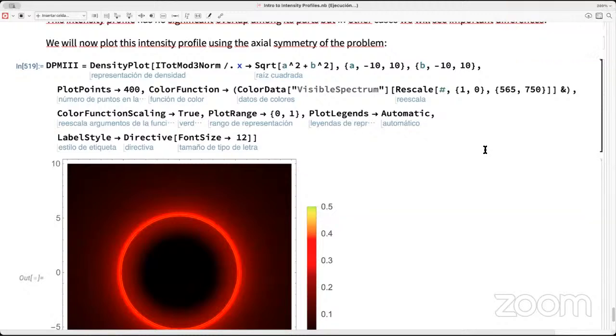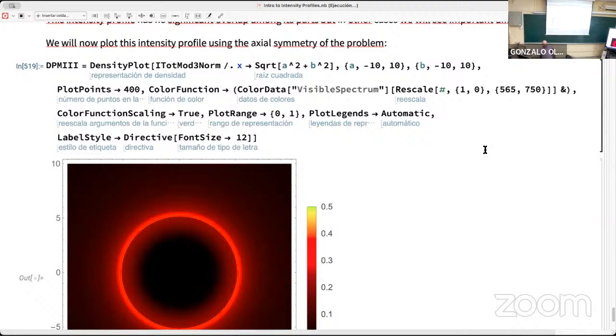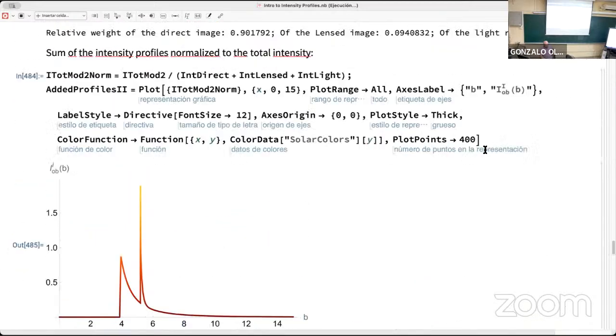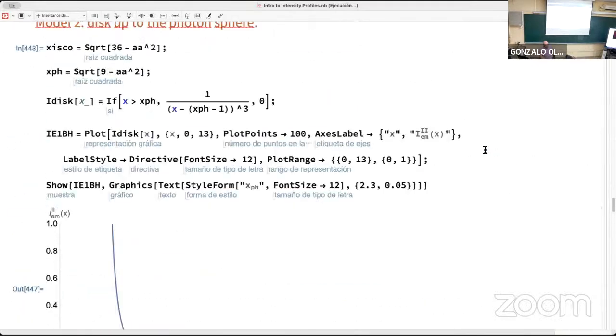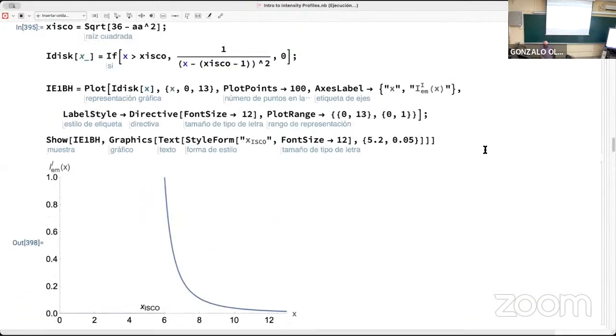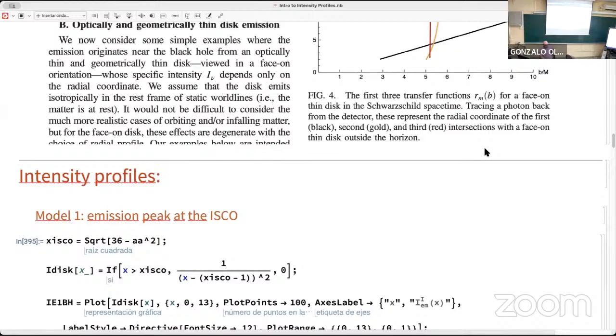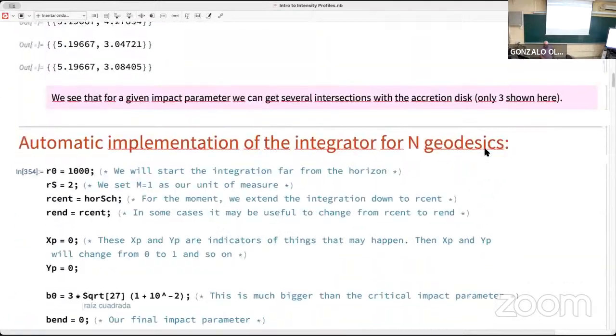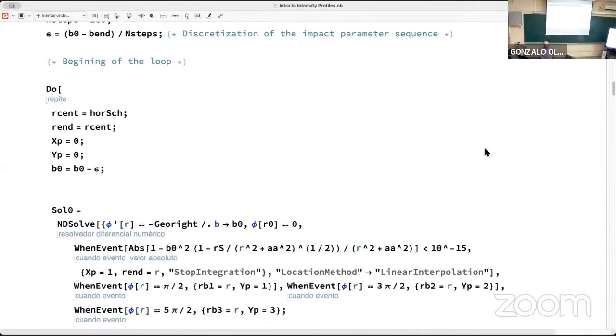And about the location method for the differential equation, I don't really know what to say because I just checked that it works with that, and I think I tried to use a different method, but I wasn't very satisfied with the result.